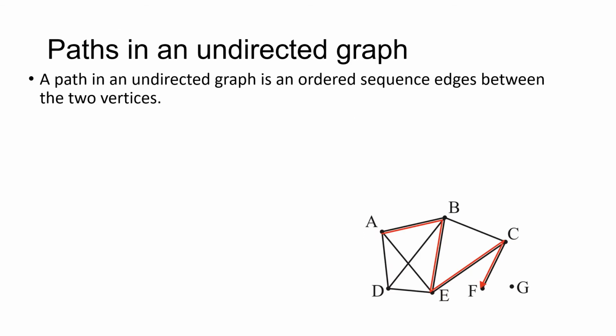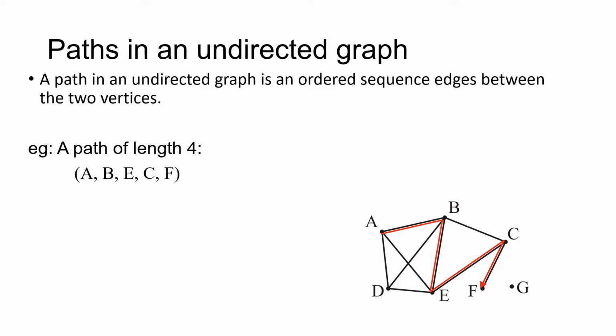A path in an undirected graph is defined as an ordered sequence of edges between any two vertices. Consider the path existing between A and the vertex F. The path is given as AB, BE, EC and CF.